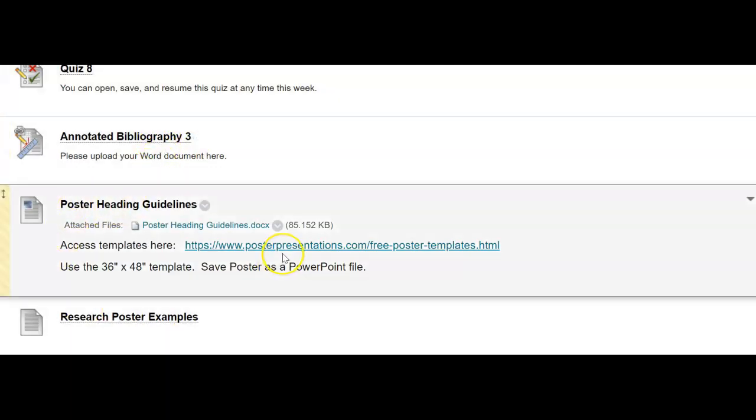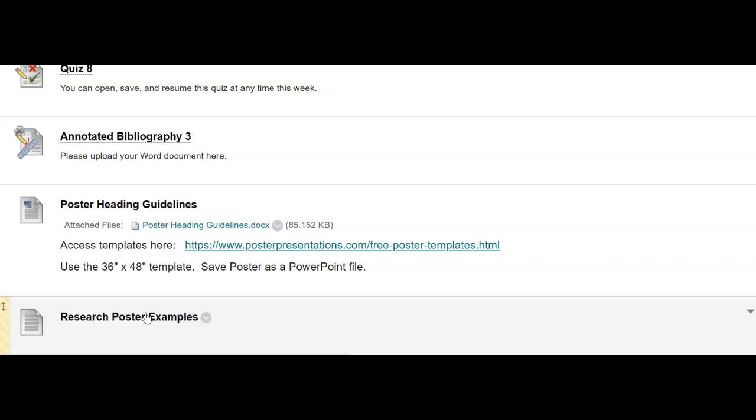But coming up, what are we going to do as far as our posters? So first of all, I'm not going to open it here, but there are examples of research posters that have been done by students in previous research courses here at Mercyhurst. So there's a lot of examples that you can look at, and I think you're going to like that as you move on.